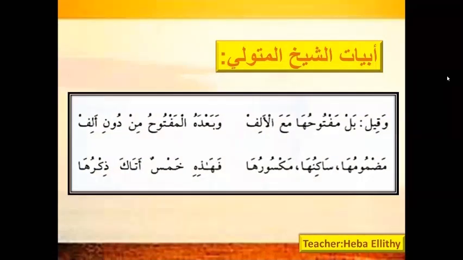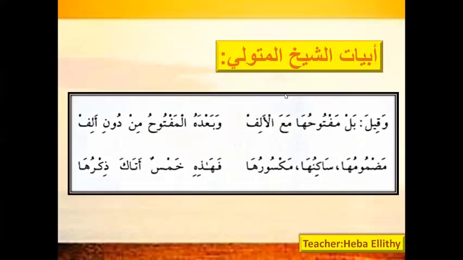The lines from الشيخ المتولي about this part, about school number 2, which is the 5 levels. وقيل بل مفتوحها مع الألف وبعده المفتوح من دون ألف.